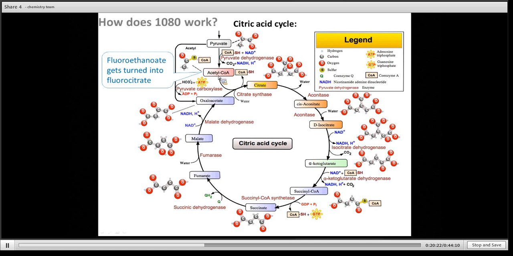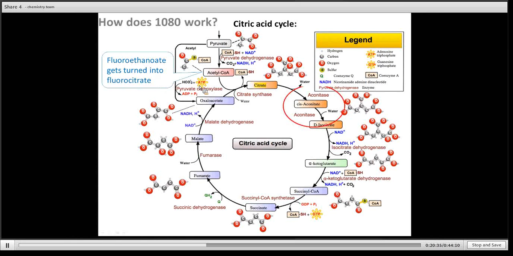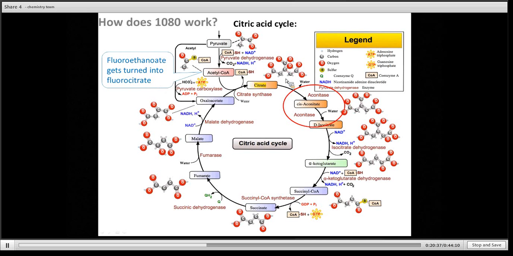Then that coenzyme A will turn it, usually it turns the ethanoate part into the citrate anion, but now it'll get turned into the fluorocitrate. So there's going to be a fluorine on one of these carbons over here. That means it needs to go through the next step, but this is where it freezes.